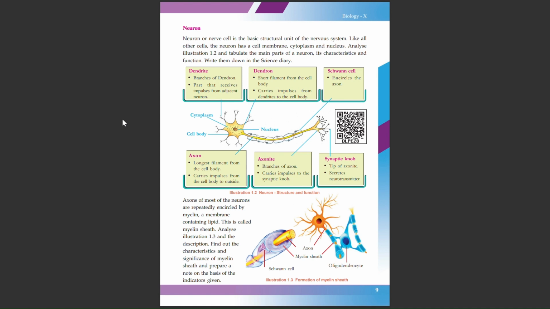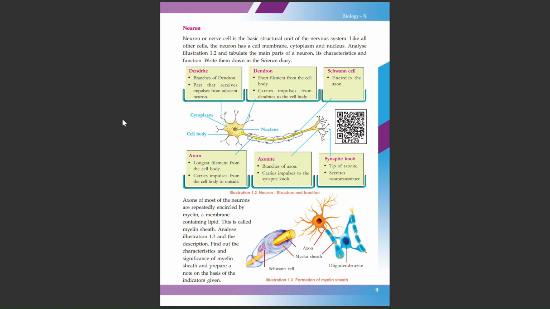So let's see the parts of the neuron. The cell body has cytoplasm, nucleus and dendrites. The dendrites are the small branches, and the dendrons are the branches directly arising from the cell body. And the Schwann cell encircles the axon to protect the neuron from external shock.